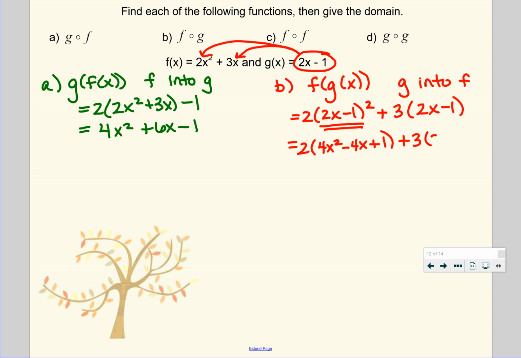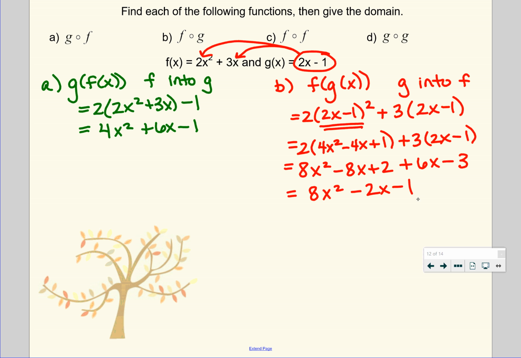Plus 3 times 2x minus 1. Then we distribute: 8x squared minus 8x plus 2 plus 6x minus 3. And then last but not least, add up any like terms. So 8x squared minus 2x minus 1. Final answer.